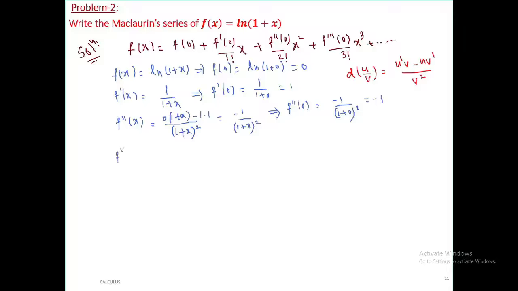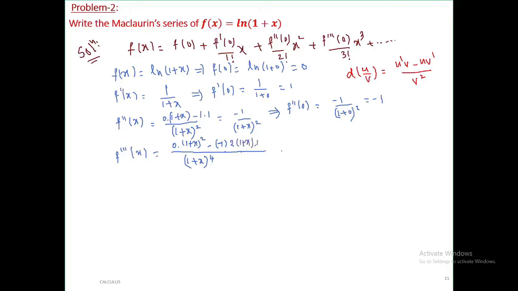Similarly f'''(x). So f'' is this much. Now again same u by v method, (1+x) whole to the power 4 now. Already square is there, one more time power 2, so power 4. Now the numerator derivative, minus 1's derivative, is 0, into the denominator (1+x) squared as it is. Minus the numerator as it is, minus 1, and the denominator derivative: (1+x) squared has derivative 2(1+x), and by chain rule the derivative of x is 1.